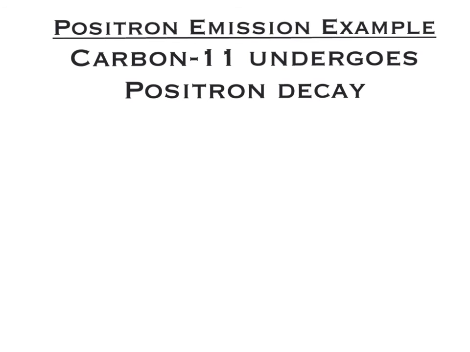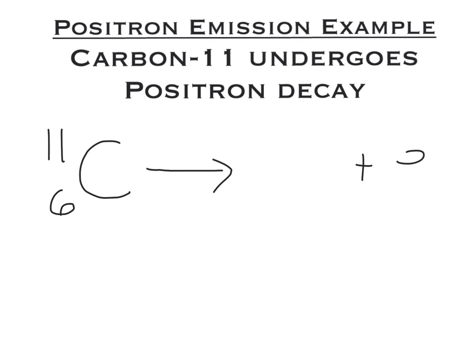We're going to start with carbon 11, and it undergoes positron decay. For carbon, we have 6 for our atomic number, and 11 is our atomic mass. We know that for positron emission, a positron has to come out, so we have that there. Now, our atomic number has to decrease by 1 because we took a proton and made it a neutron and a positron.